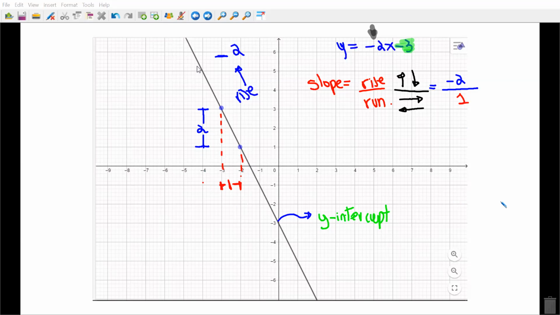And guys, how much is -2 divided by 1? -2. And according to the graph, here is the -2. Okay, guys?